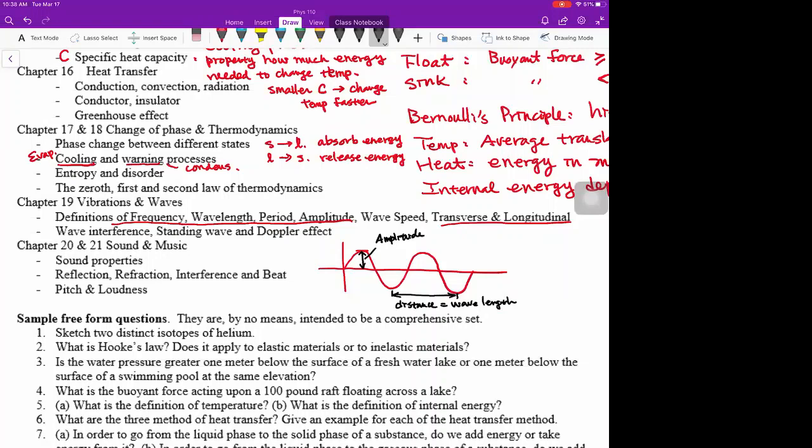The time required to complete one cycle is called the period. Frequency is the reciprocal of the period.